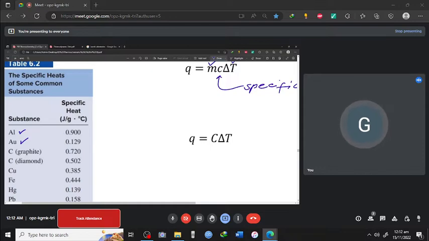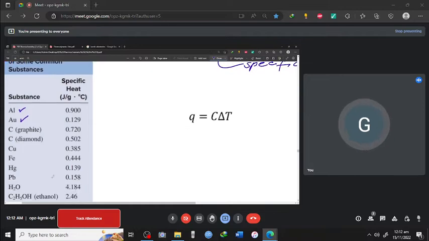And because mas marami siyang energy na kayang i-take, mas matagal siyang lumamig. So, between aluminum and gold, mas mabilis mag-release ng heat si gold dahil mas mababa yung specific heat niya compared kay aluminum. And that's the reason why students, yung aluminum and then ano pa ba? Si iron, ito si iron tsaka si copper ay madalas ginagamit sa mga cookware or mga, what do you call this, cooking materials natin.